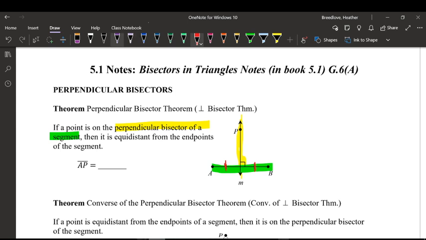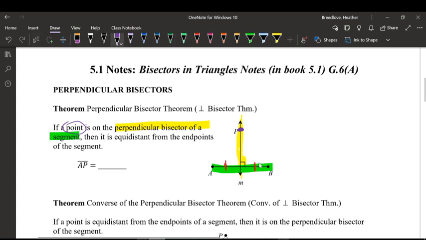If a point is on the perpendicular bisector of a segment. So the point on the perpendicular bisector is point P. It is on the perpendicular bisector, which I know because it has the 90-degree angle, and it's cutting this segment into two equal pieces. So this point is equidistant from each of the endpoints of the segment because it meets the segment at 90 degrees, and it's exactly in the middle.